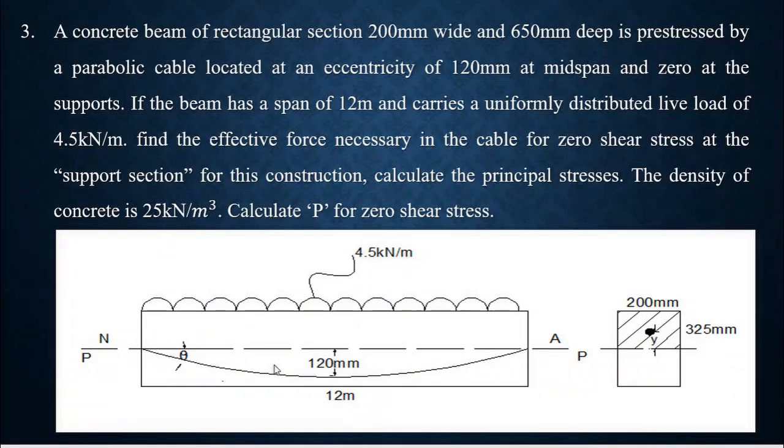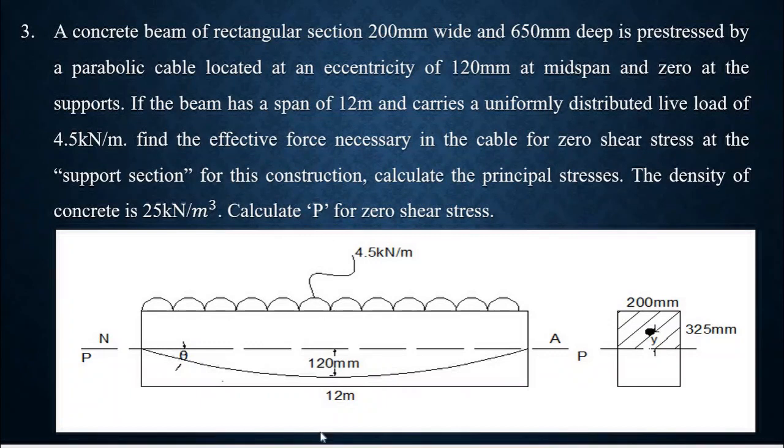Here the figure is not given, so according to the data it's a rectangular cross section 200 mm wide and 650 mm deep. Half of it will be 325 mm. This dotted line is the neutral axis, and the cable is a parabolic cable.